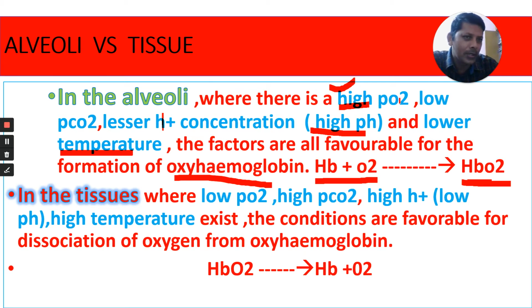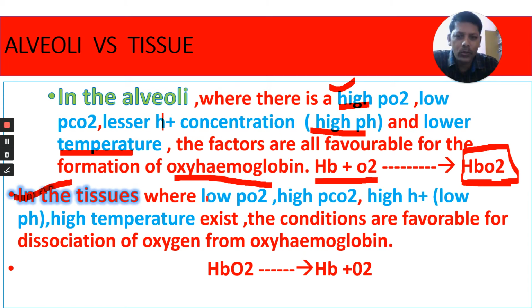When PO2 is high, hemoglobin has a tendency to bind with oxygen, and when the others are low, it forms oxyhemoglobin. These factors are very, very important; in the recent mock test given by NTA, they were also asking bits related to these factors.